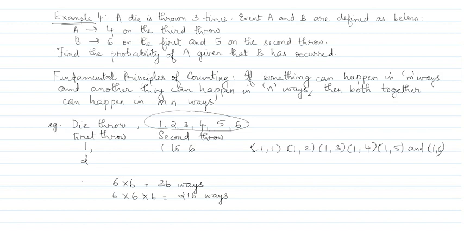Okay, it is very difficult to enumerate all these possibilities. So now we'll just focus on what events we are interested in. Here you see A is the event where you obtain a 4 on the third throw.